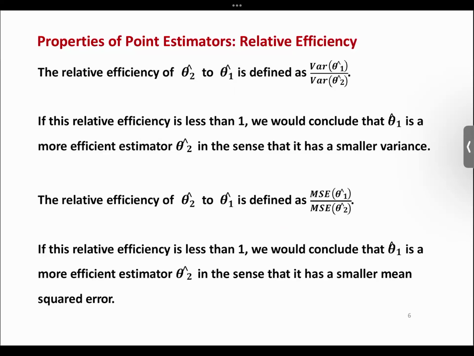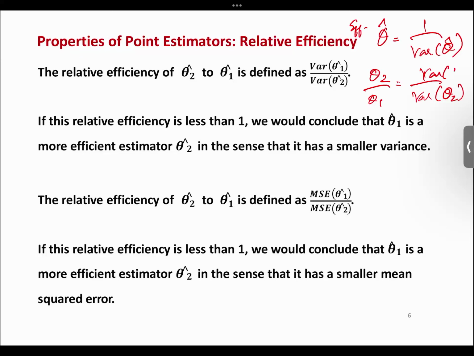And also, to calculate relative efficiency, efficiency is basically given by: efficiency of theta hat is equal to 1 by variance of theta hat. So if you want to calculate the efficiency of T2 relative to T1, it is 1 by variance of T2 divided by 1 by variance of theta hat 1.